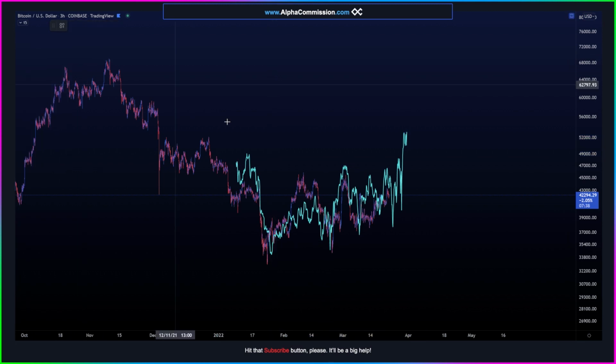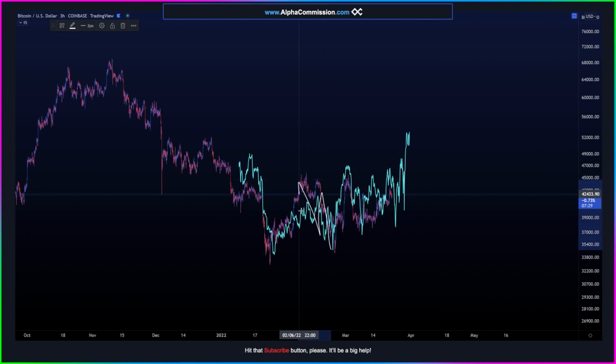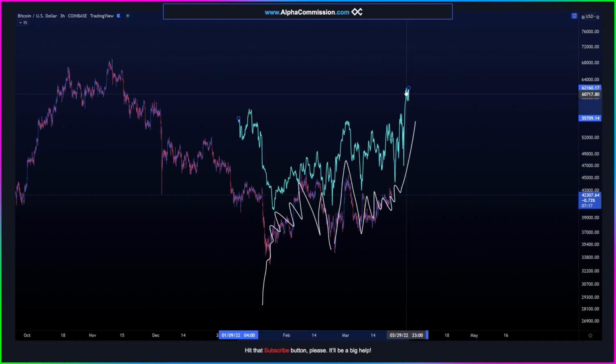If you were looking for this price action to capitulate, what if we already have, but in reverse? And then here's the spike up, and we're getting this chop up, right? So I just want you guys to think about this.